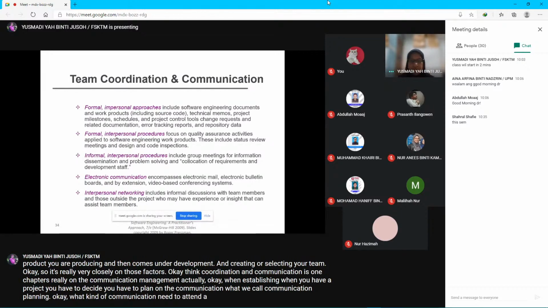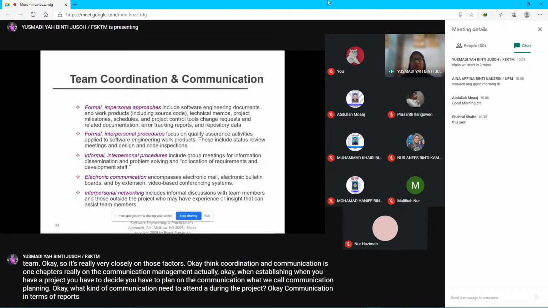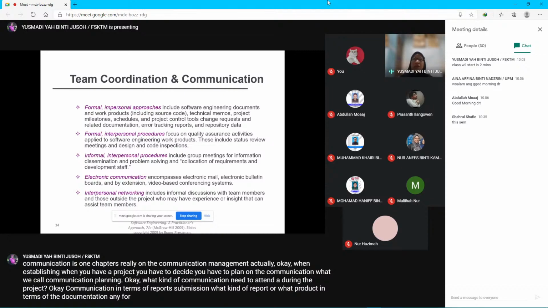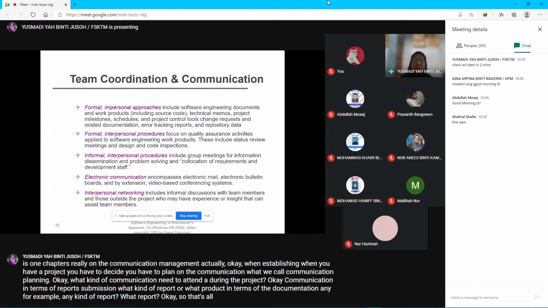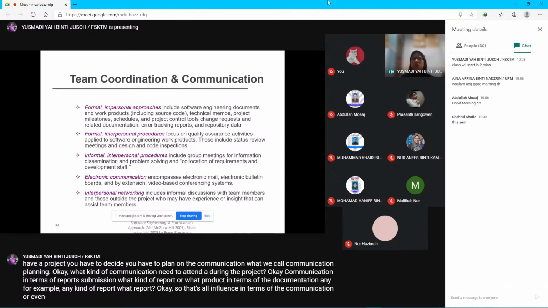during the project. Communication in terms of report submission, what kind of report or product, in terms of documentation, for example, any kind of report. So that all influences the communication, or even how frequently you want to have the meeting, every day, once a week.